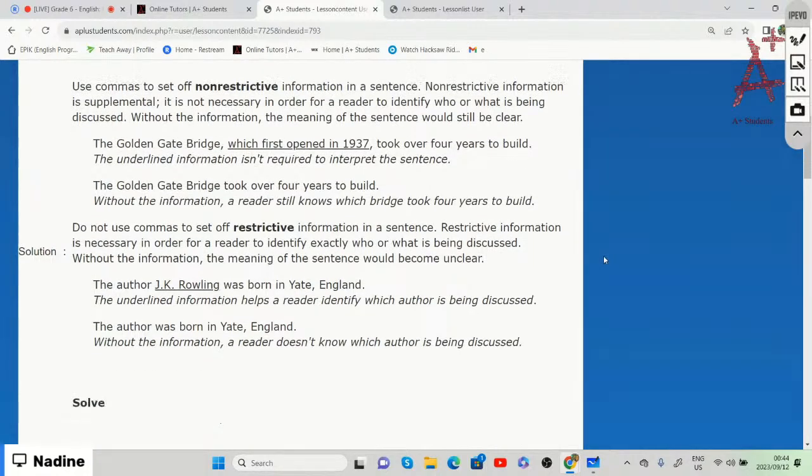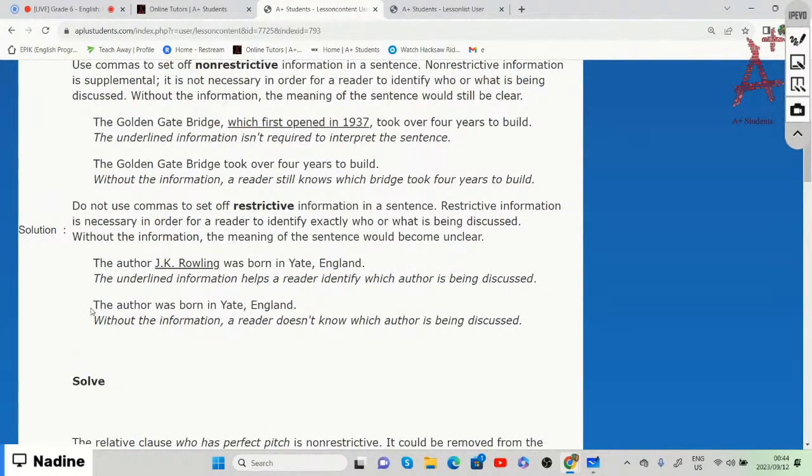The same with this one. The author J.K. Rowling was born in Yate, England, right? If we look at the underlined information, it helps a reader to identify which author is being discussed.